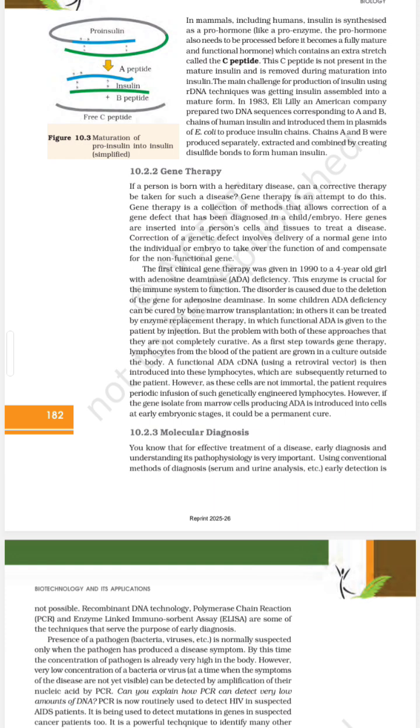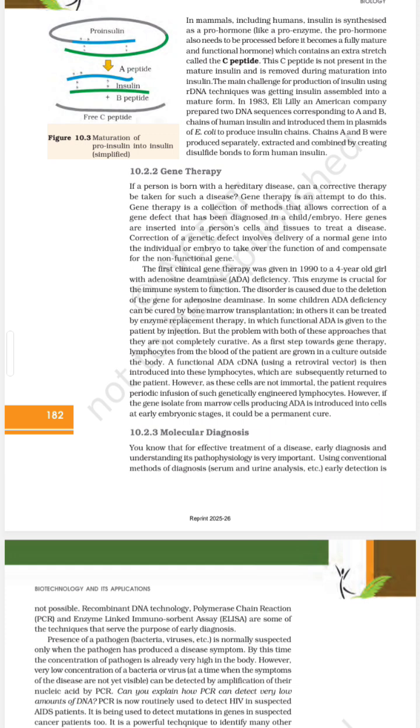However, as these cells are not immortal, the patient requires periodic infusion of such genetically engineered lymphocytes. However, if the gene isolated from the marrow cells producing ADA is introduced into the cells at early embryonic stages, it could be a permanent cure.